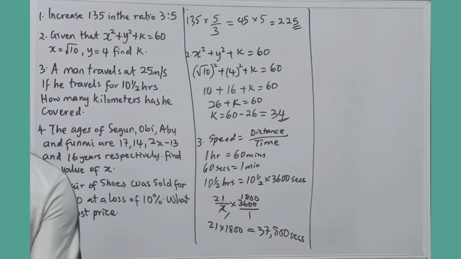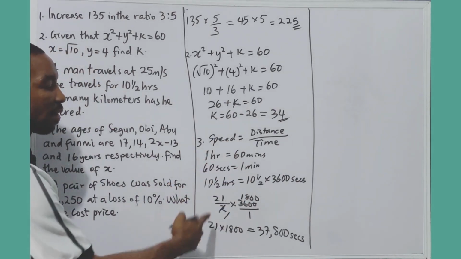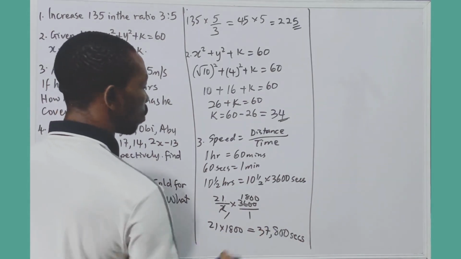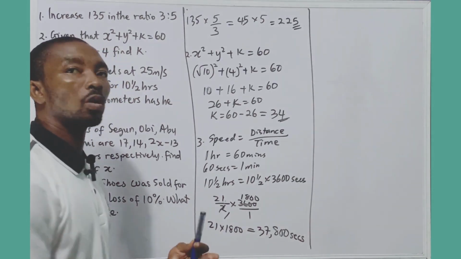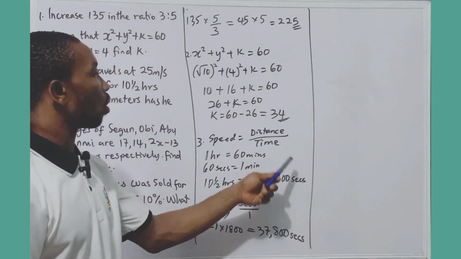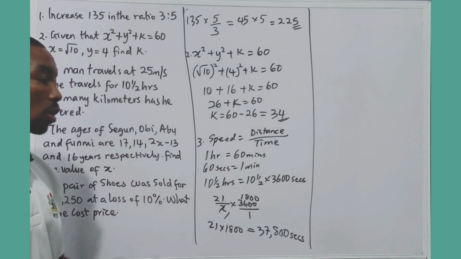So the time for his journey in 10.5 hours, now in seconds, will be 37,800 seconds. Now, why do we convert to seconds? Because his speed here is measured in meters per second.